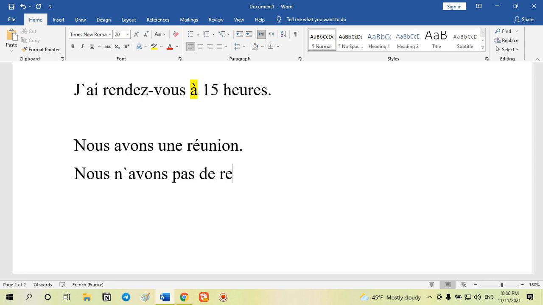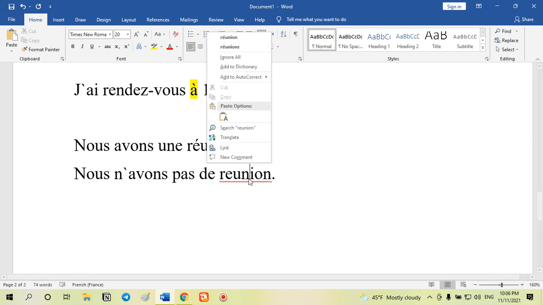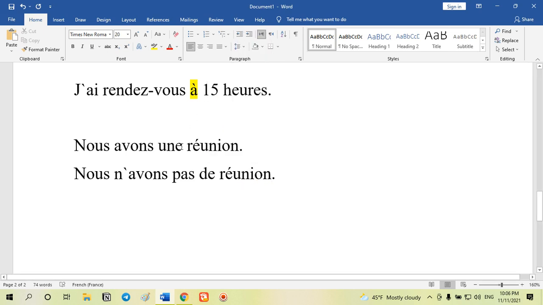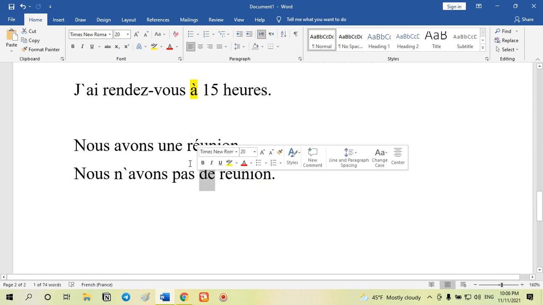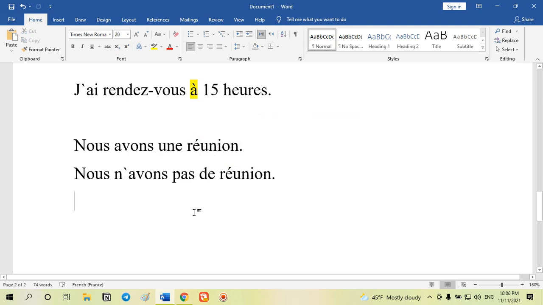Pardon, I said voiture. Réunion, sorry. Nous n'avons pas de réunion. Don't say nous n'avons pas une réunion, because I told you whenever we have un, une, or des in a positive sentence, you must put de instead. Un must be converted to de in the negative sentence. Nous n'avons pas de réunion. We don't have a meeting.